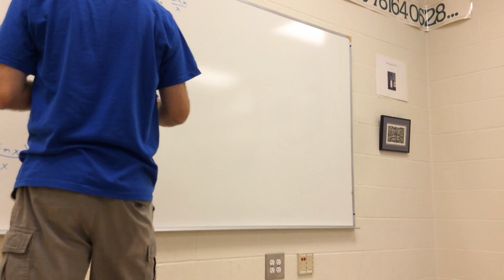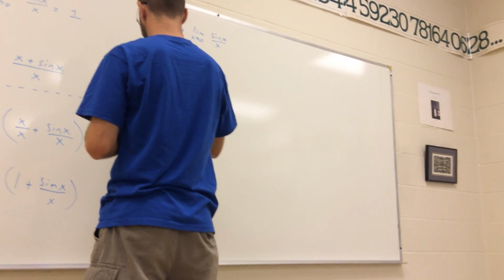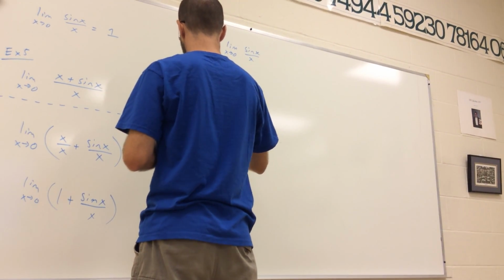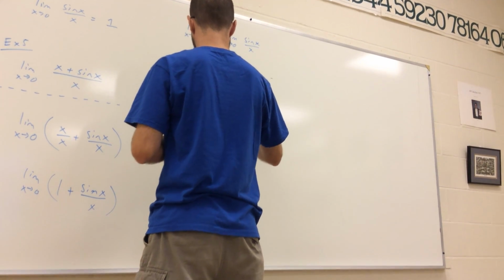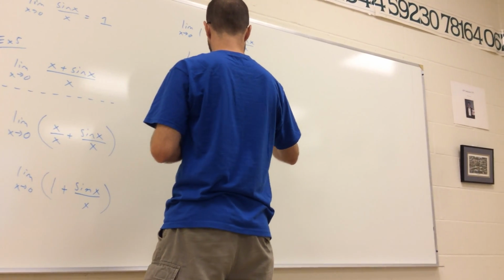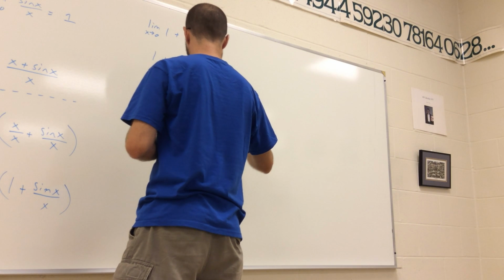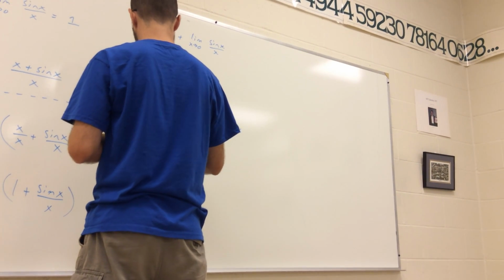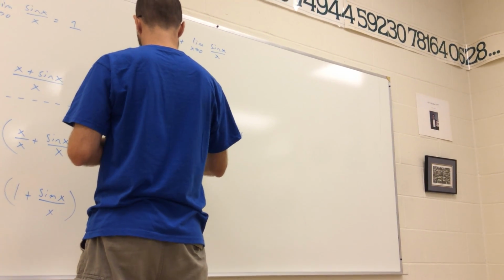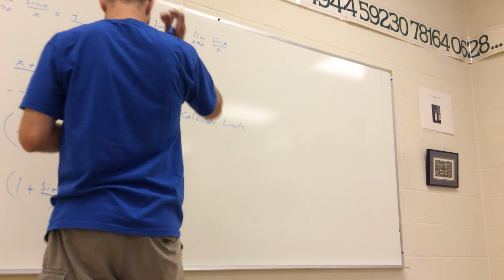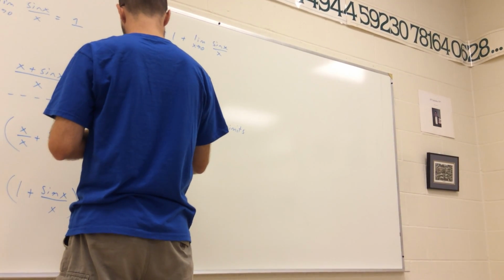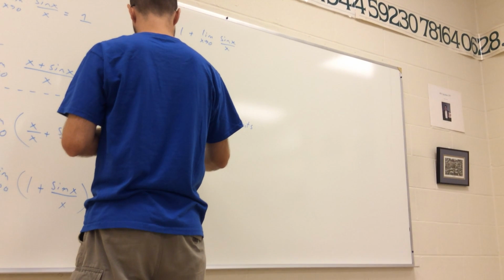Okay, so at this point, we are generating a list of ways to calculate limits. And right now we have 3 possible ways. First way is make a table. Second way is use limit laws.